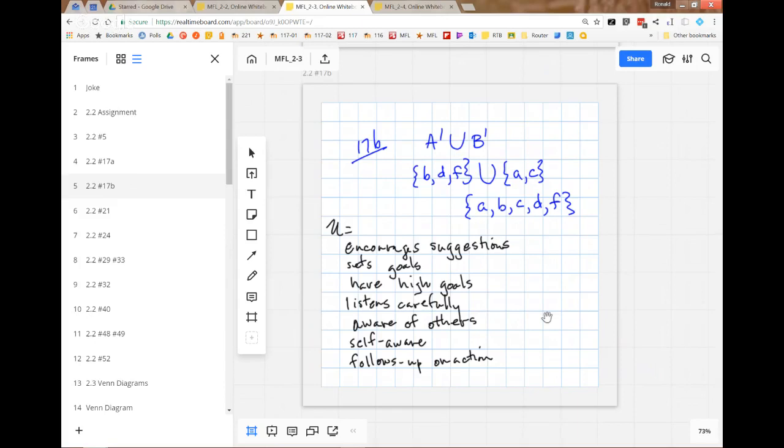So anyway, here's 17B done with letters. A complement is BDF, B complement is AC, and you can take the union of that and you get A, B, C, D, F. I don't know if that helps, but there's 17B.